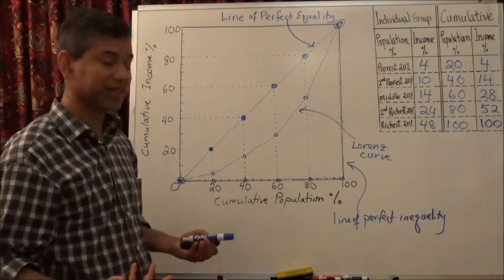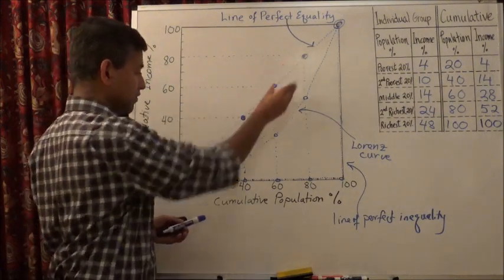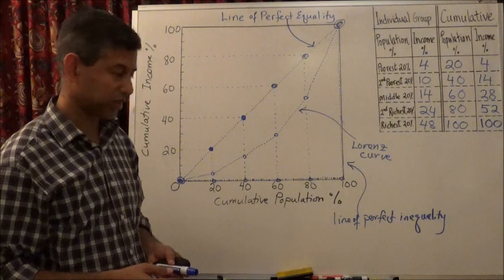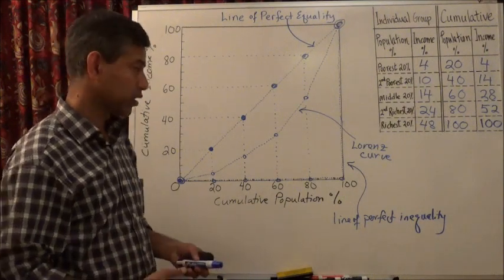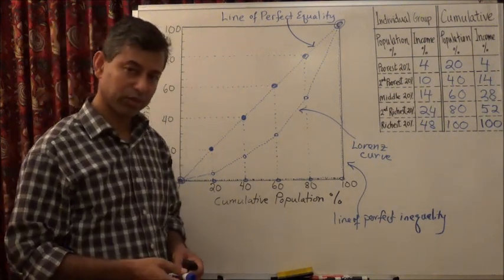And in fact, that's where we get to the concept of Gini index. Gini index quantifies this gap that's there visually in the Lorenz curve drawing and provides a number for the degree of inequality, and that's something that we will look at later.